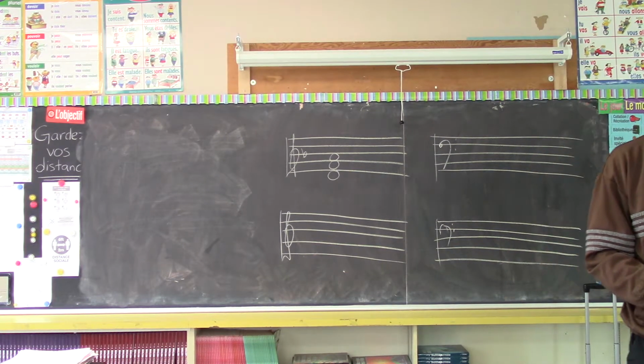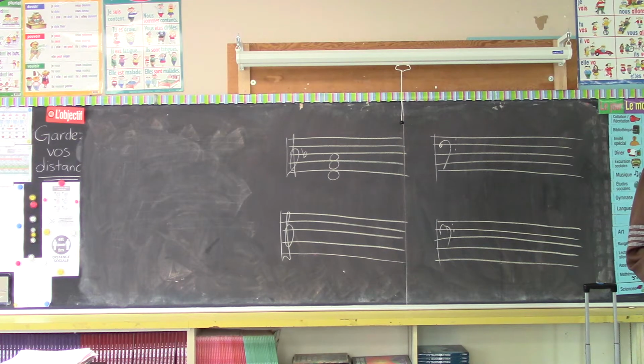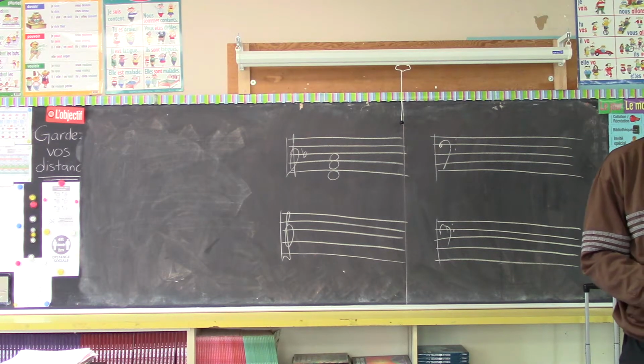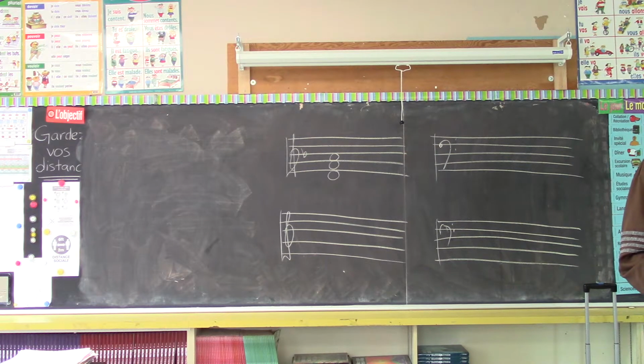How do I determine the quality again of a triad? Richard, how do I determine the quality of a triad? Cole? Alright, so, count the steps in the chart that we wrote down.